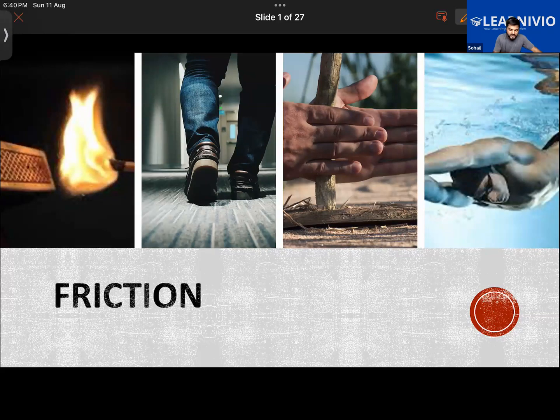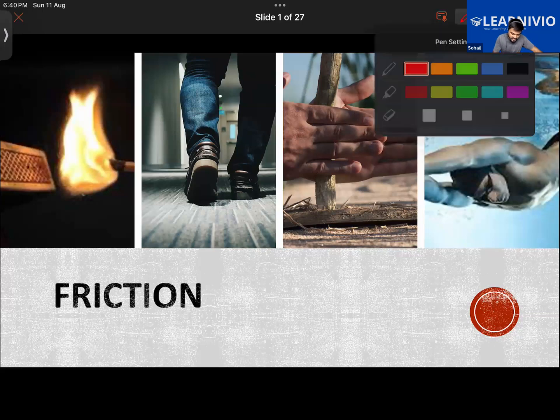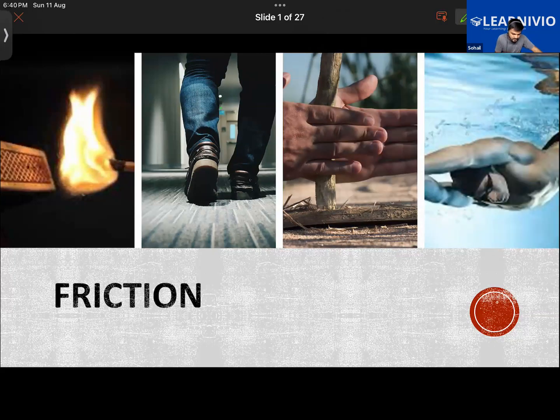By the way, since this topic came up, I have one small question for you guys. Nowadays, in the head of the matchstick, do we use the red phosphorus or do we use the white phosphorus? P for phosphorus. The red.